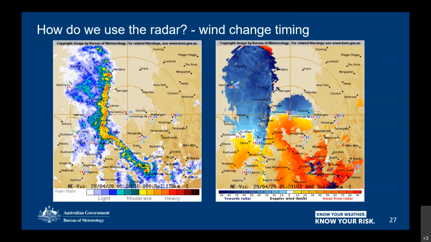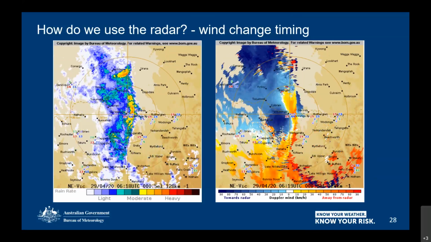If I step forward one, we've moved 40 minutes down the track. This was at 5:30 UTC. Just a quick conversion, that's about 3:30 in the afternoon. If we step forward another 50 minutes, we're now at about 20 past 4 in the afternoon. And you can see, according to the rainfall and the surface observations, that the change has moved through Yarrawonga.